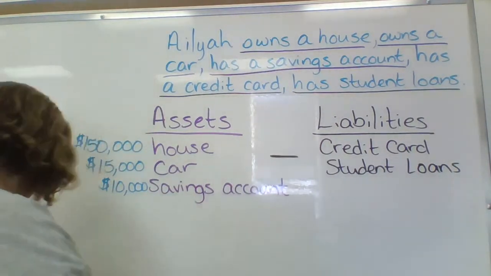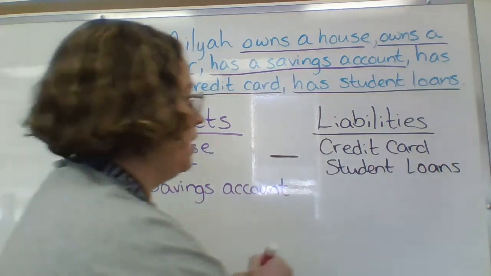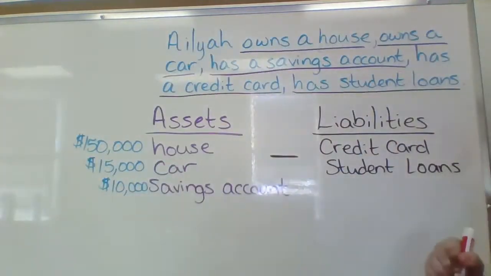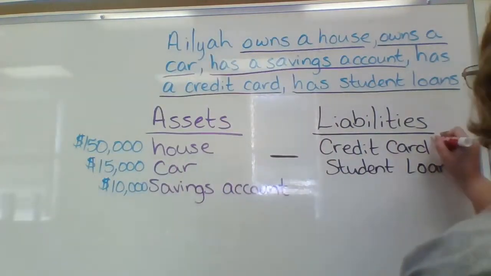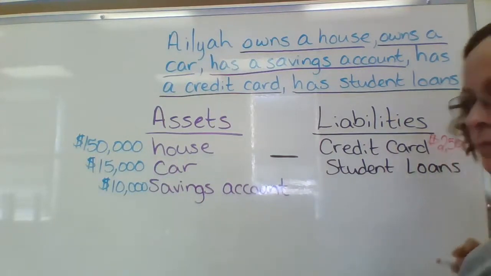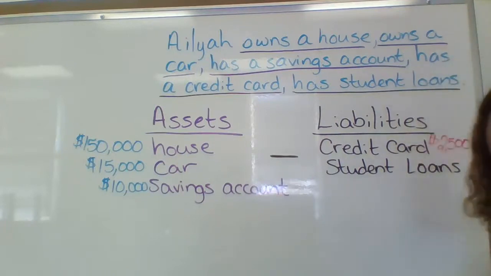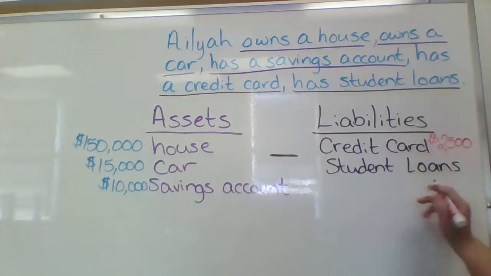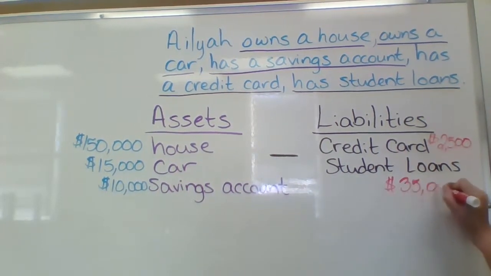Now, let's say over here, let's say that with her credit card, let's say she owes $2,500 on her credit card. Can y'all see the red? Maybe. And let's say her student loans are $35,000.